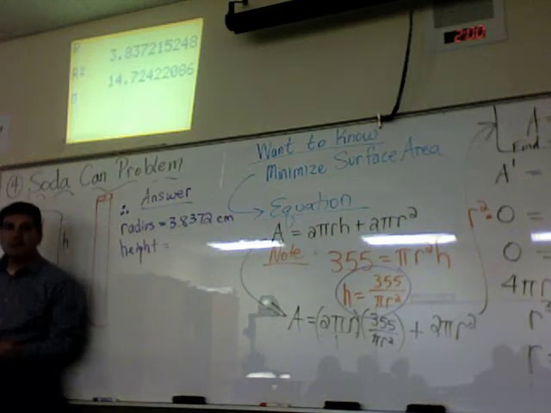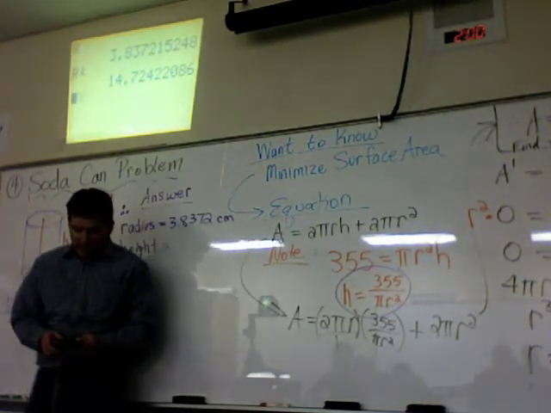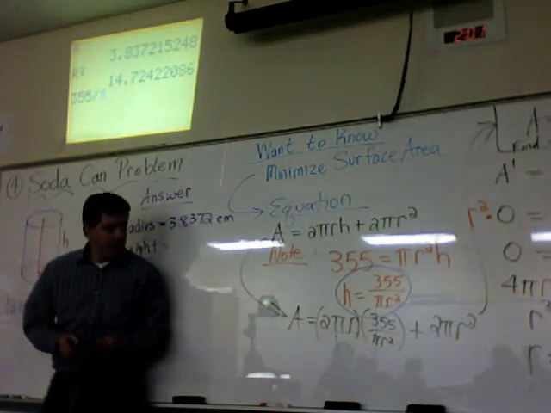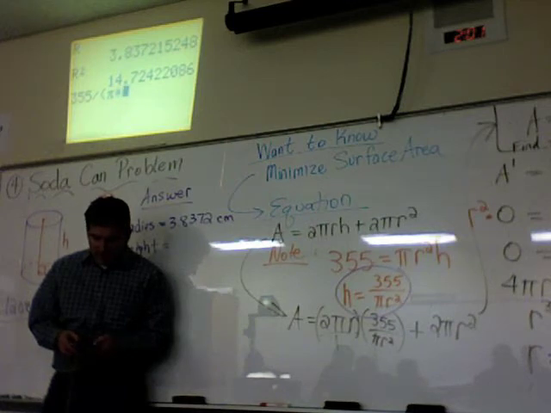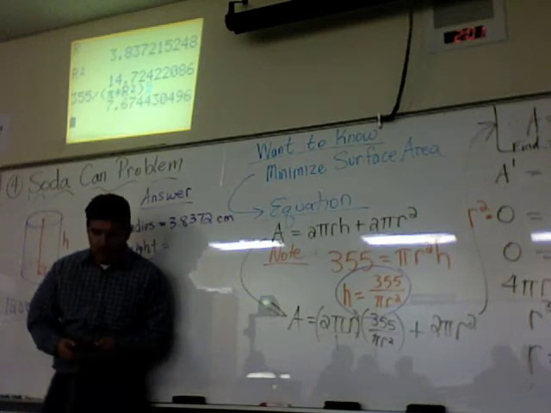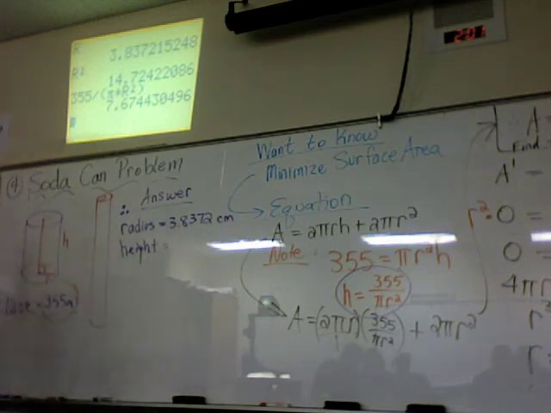Okay. So on our problem, I want to take 355 and divide it by parentheses pi times R squared. See that? And I got 7.6744.